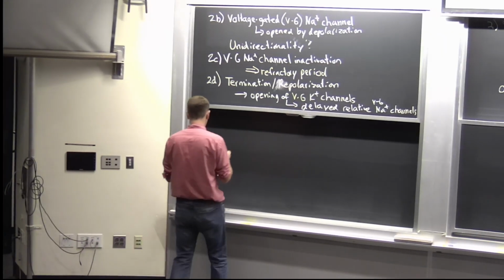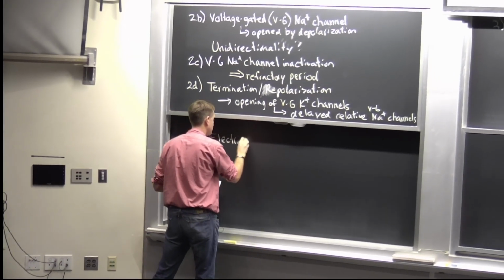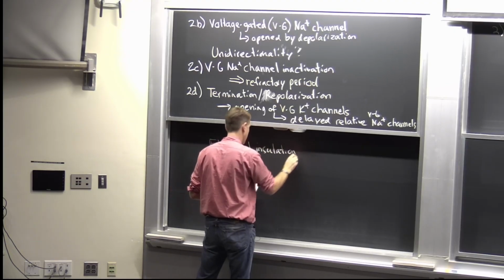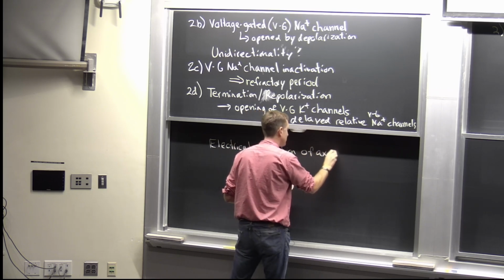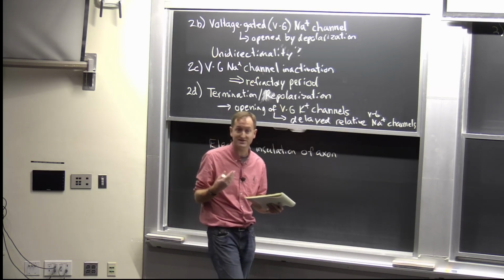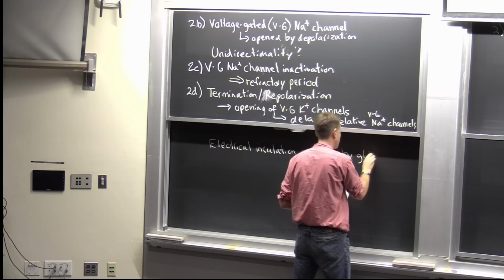So there's electrical insulation around the axons of these neurons. And this is provided by another specialized cell type called a glial cell.